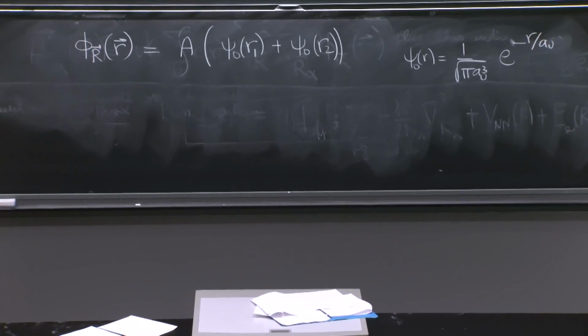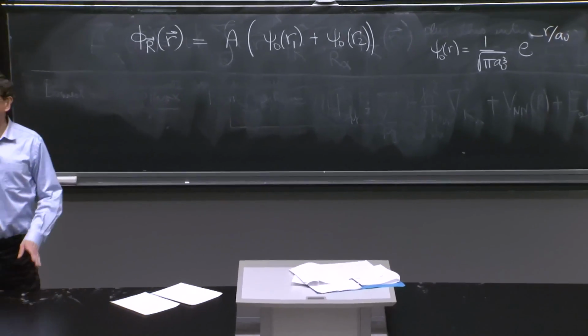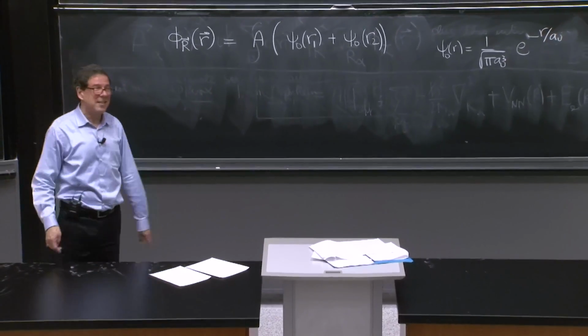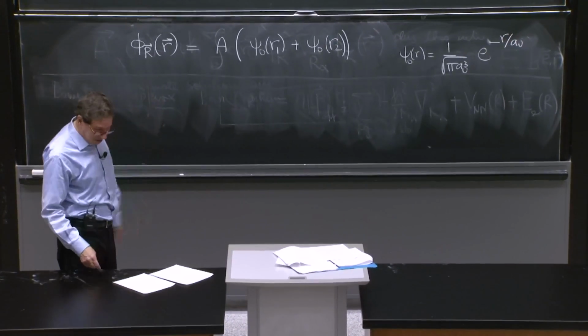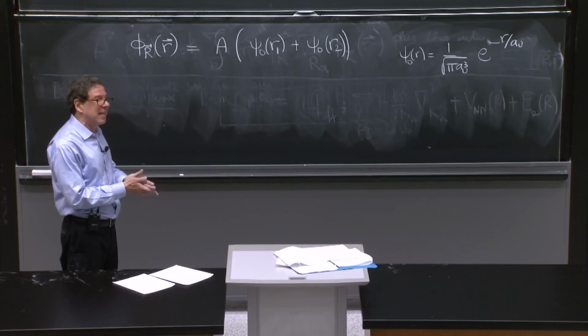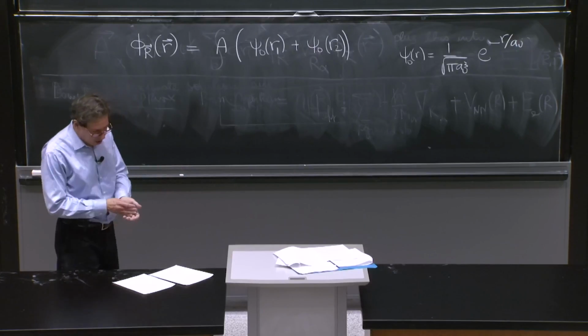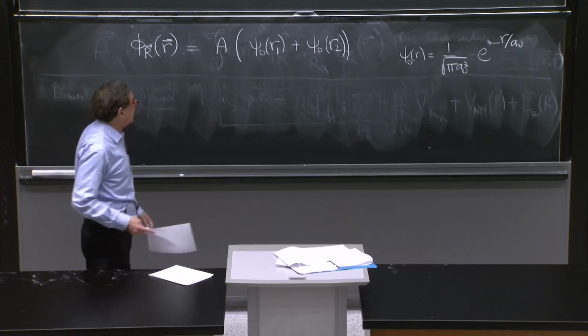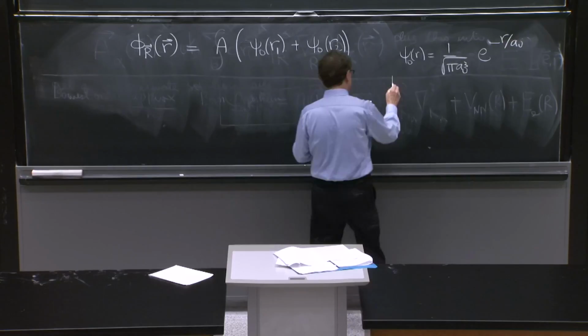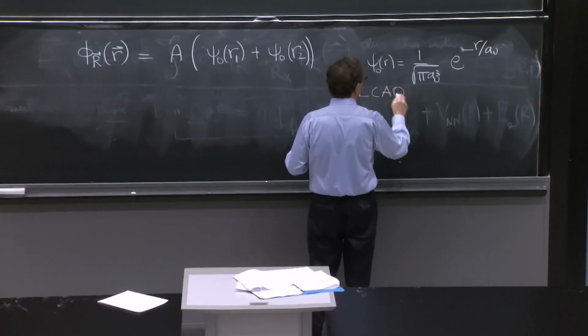This is called, people have given it a name, even though you would say it's not that original to put some wave function like that. This is a simple approximation, and the technique is called LCAO technique.